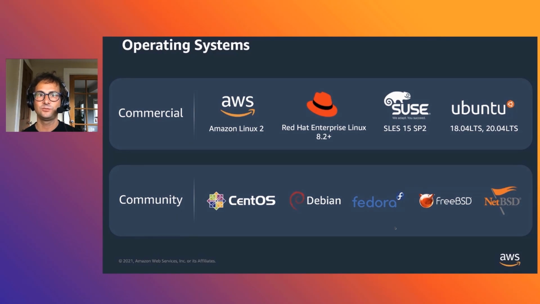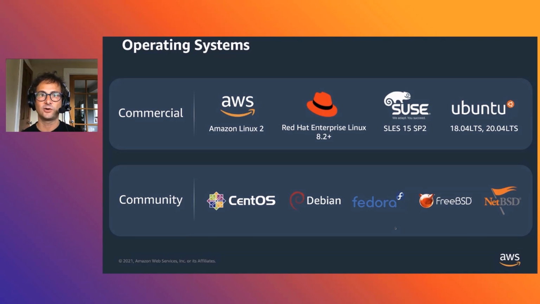You just have to be sure that you can use a version that would be at least Red Hat 8.2 to get the full support for the Graviton2 processors. SUSE 15 SP2 is also an alternative. And finally, Ubuntu has support for multiple versions, including the 18.04 and the 20.04.